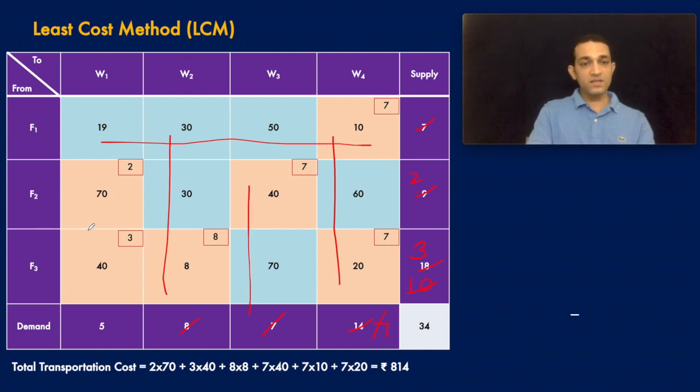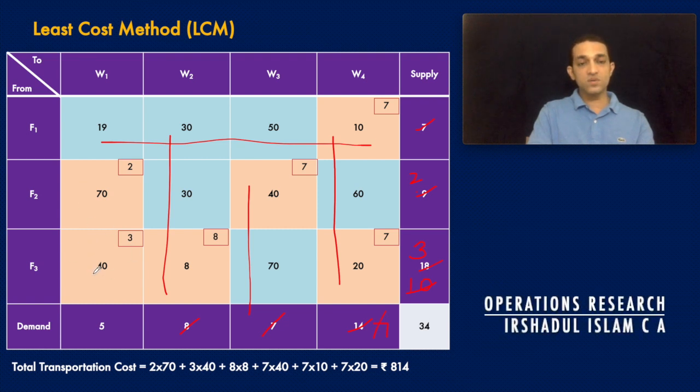Now of these remaining 2 values, the least cost is 40, we will allocate this 3 here, and we have a requirement of 5, so balance 2. This 2 will be allocated to this column. So we will allocate like this.